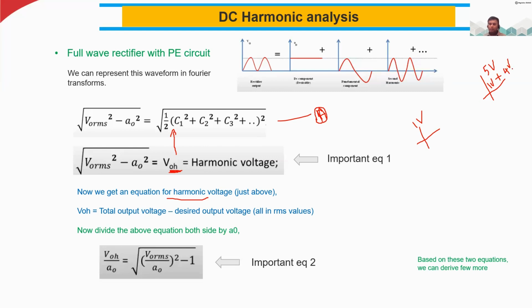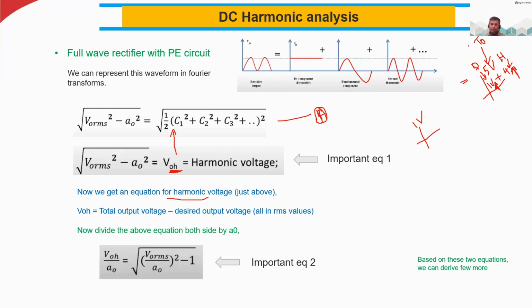This 4 volt is the harmonics and this 1 volt is the desirable fundamental, or the DC component. This 1 volt is the desirable voltage, this 4 volt is the harmonics, and this 5 volt is the total output.